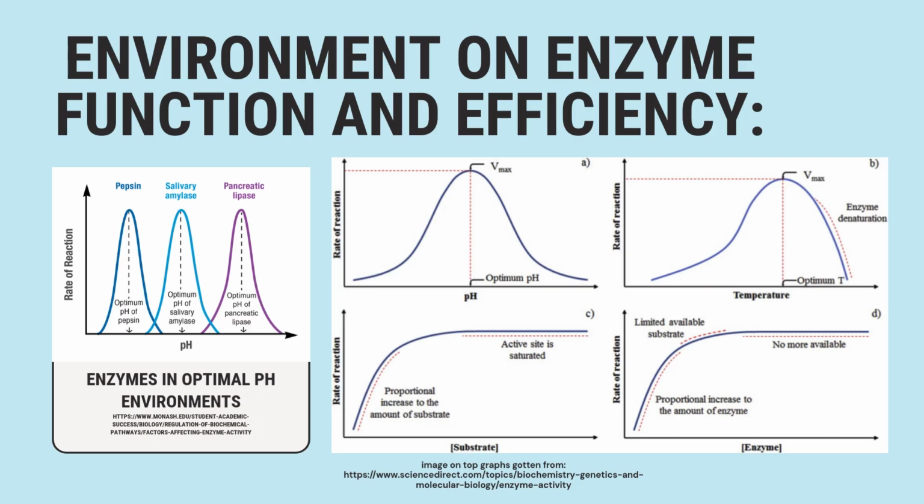And then, because there is limited available substrate, the rate of reaction is going to slow down and become constant, because not much substrate is going to be available to attach to several of the enzymes that are there. And if there's not much substrate to attach to the enzymes, then the enzymes can't really produce anything, right? So that's also an important takeaway from these graphs.